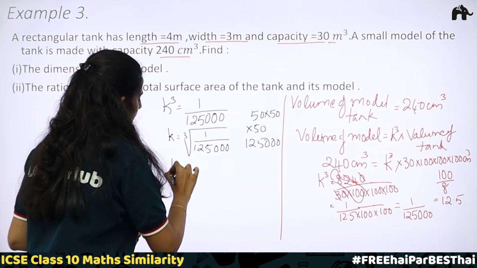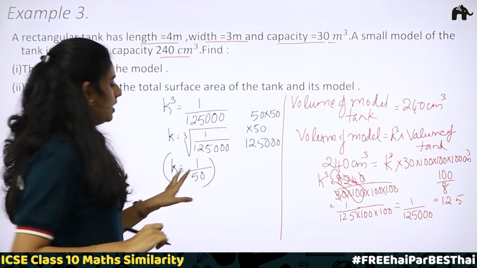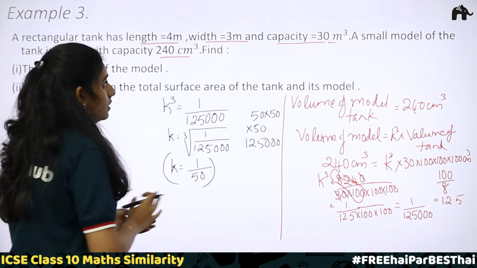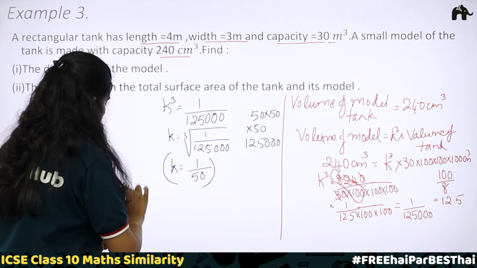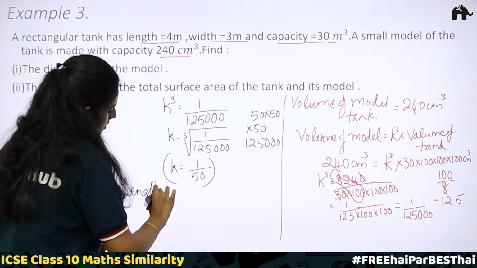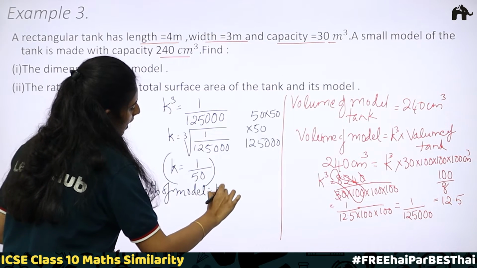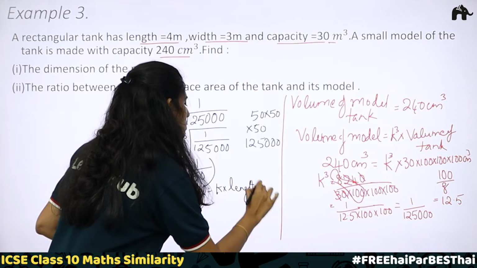Okay. So, k is equal to 1 by 50. Now, we can find the length of the model, breadth of the model and height of the model. We have length of model is equal to k into length of tank, that is the original length.